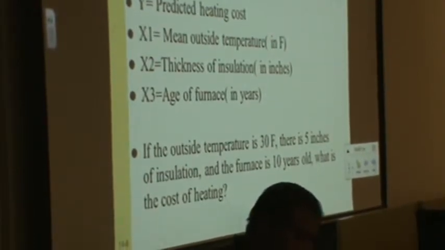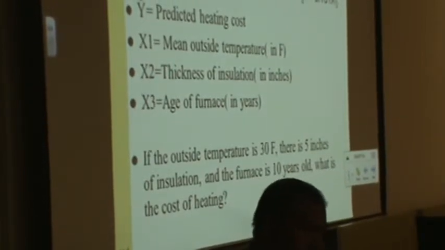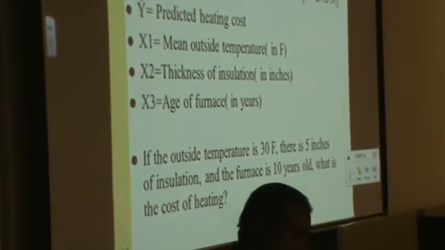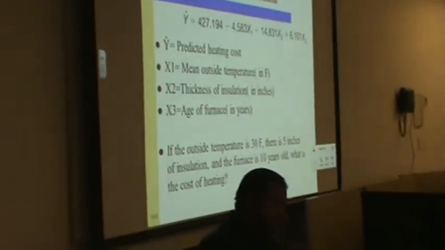So when we talk of y hat, we are talking of the predicted heating cost, which is based on 3 factors. One is the mean outside temperature, thickness of insulation, age of furnace.